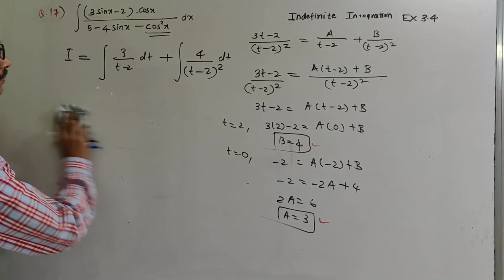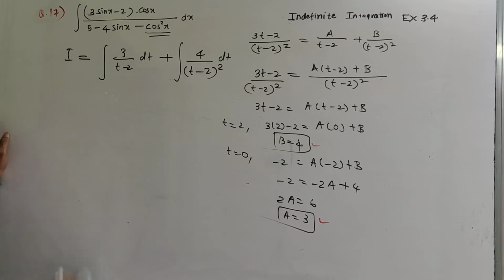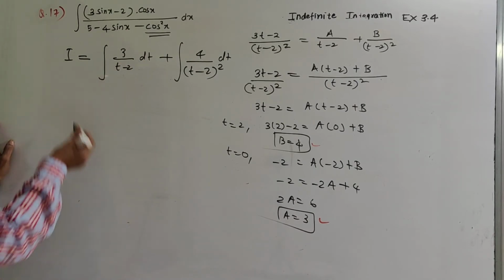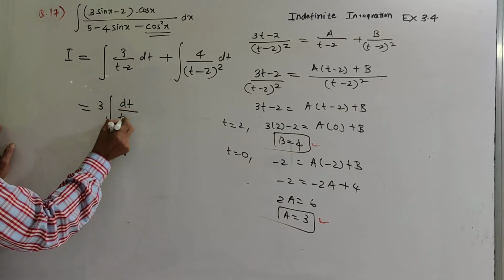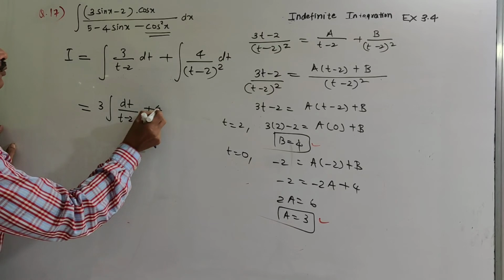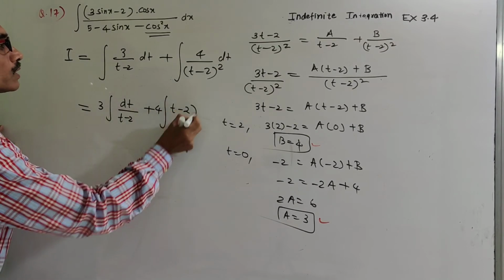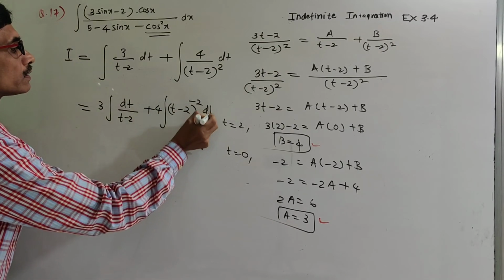Now our integral after substitution is in terms of t, and then again we resubstitute t is equal to sin x. Here 3 integral dt upon t minus 2 will come, plus 4 t minus 2 raised to power minus 2 dt.